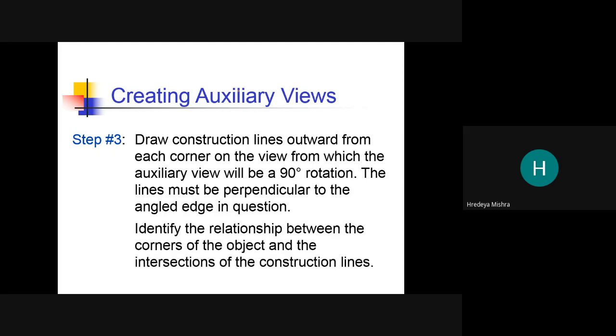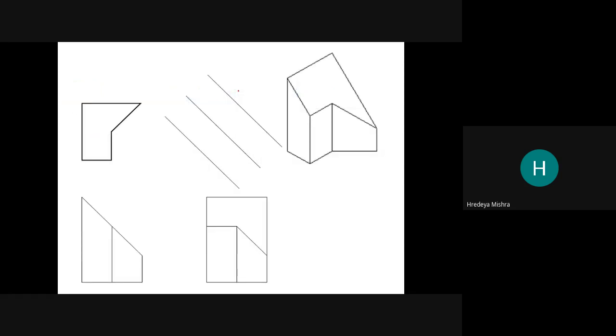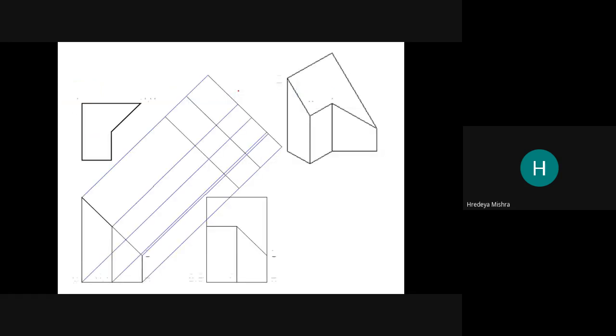Now identify the relationship between the corners of the object and the intersection of the construction lines. Now we can see that. Project each and every corner: 1 and 2, 3 and 4, 9, 8, 7, 5, 6. So all we can view here.